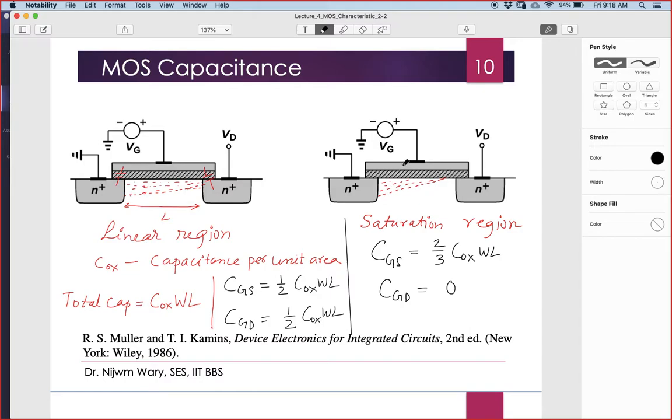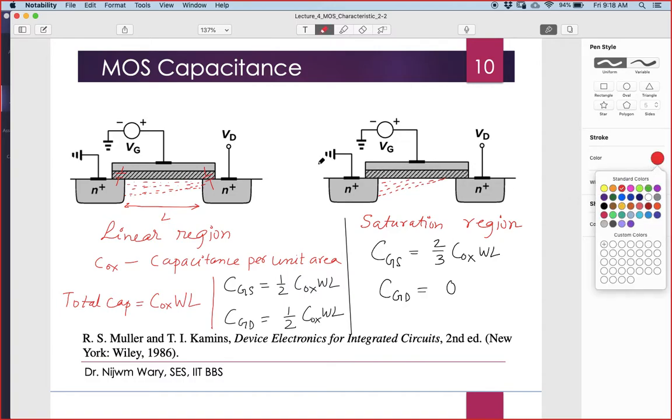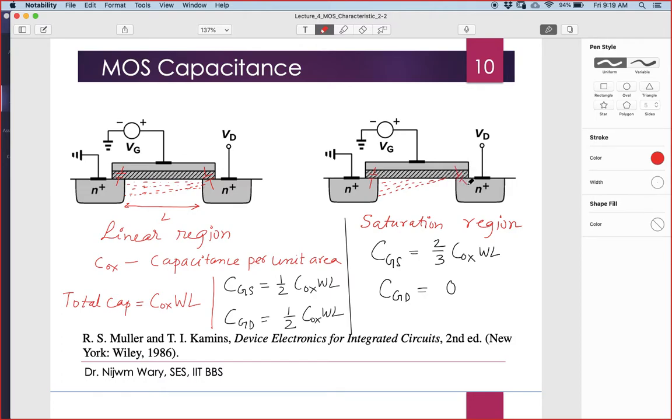So that's why there is only a capacitance between the gate and the source. But of course the overlap capacitance will always be there. So now CGD will be only the overlap capacitance. There will be no channel and gate capacitance in the saturation region.